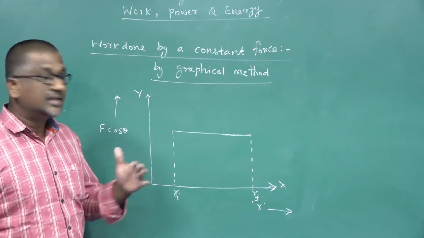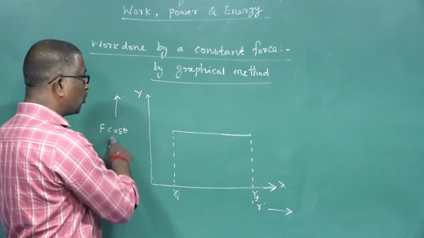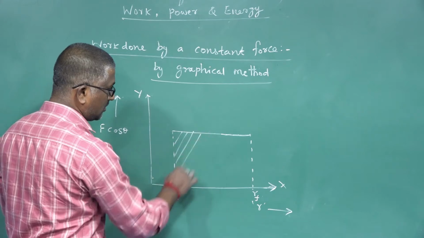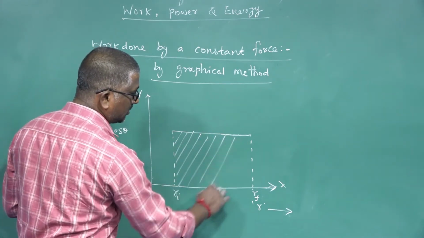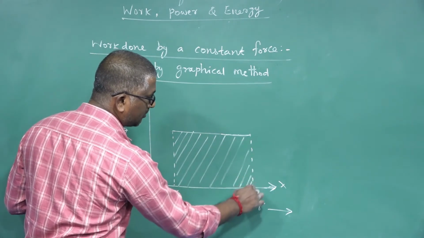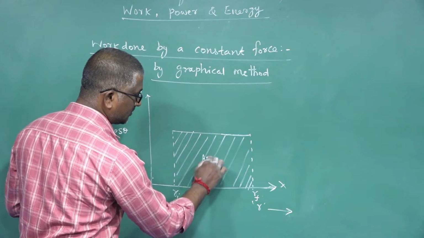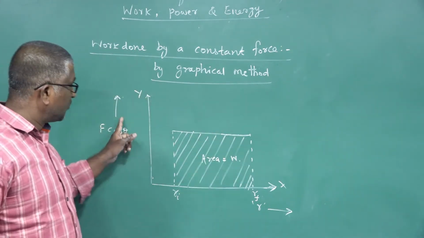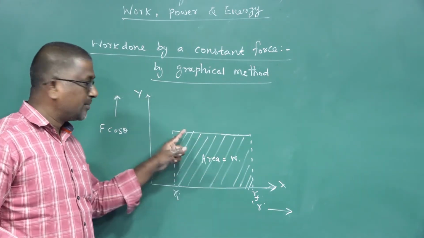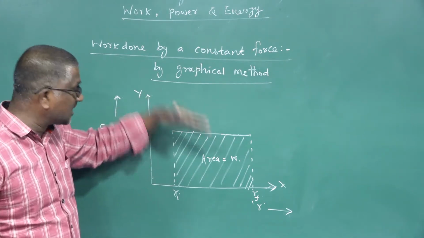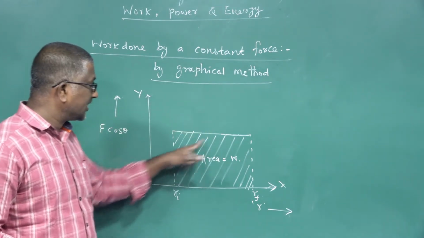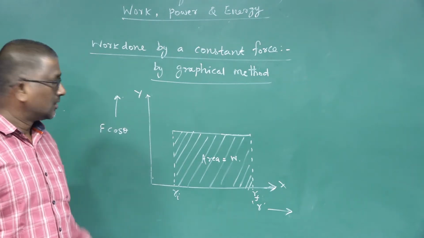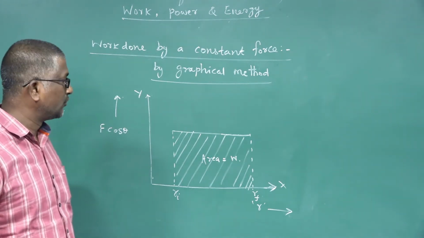By measuring the area under the force displacement graph, we can get the total work done by the force. From the force displacement graph, measuring the area under the curve gives the total work done by the constant force.